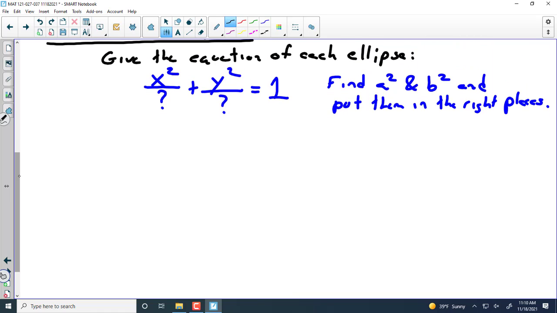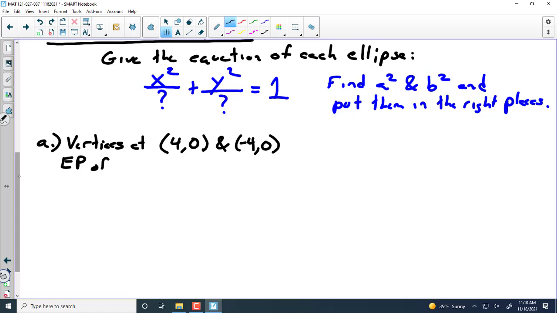For instance, vertices at 4, 0 and negative 4, 0, endpoints of minor axis at 0, 3 and 0, negative 3.